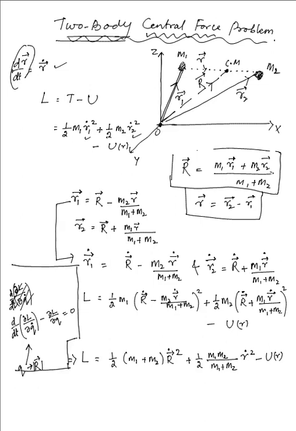Those kinds of coordinates are simply termed as cyclic ones. These are the cyclic coordinates.